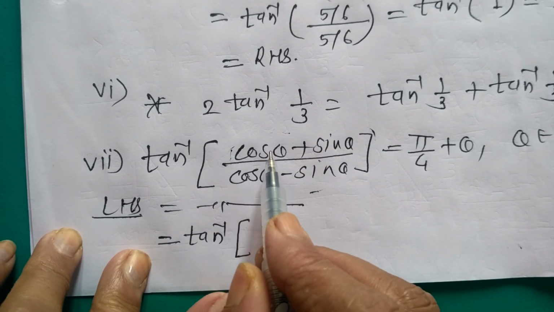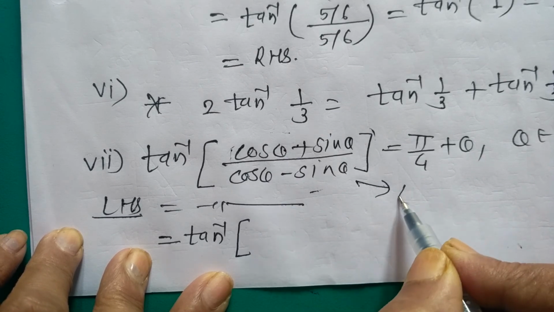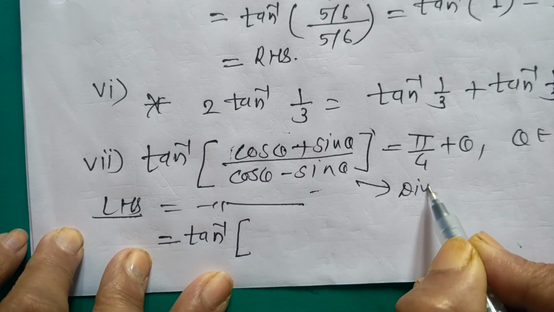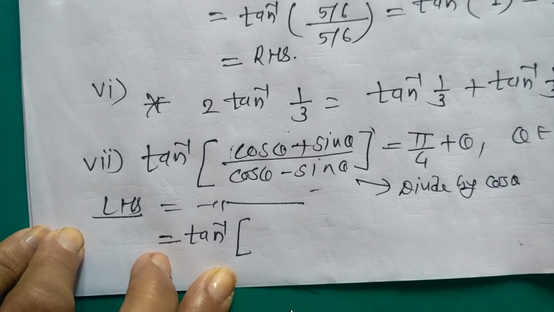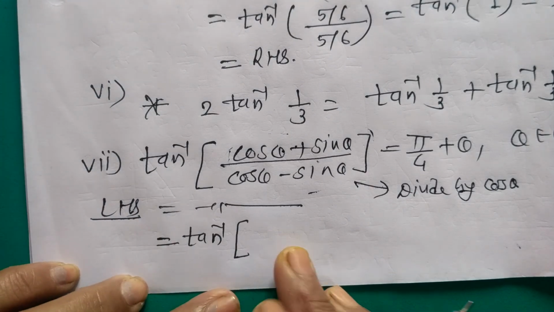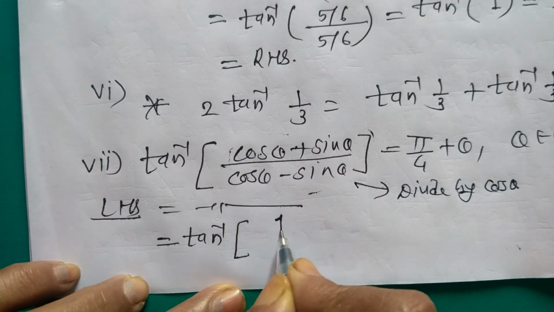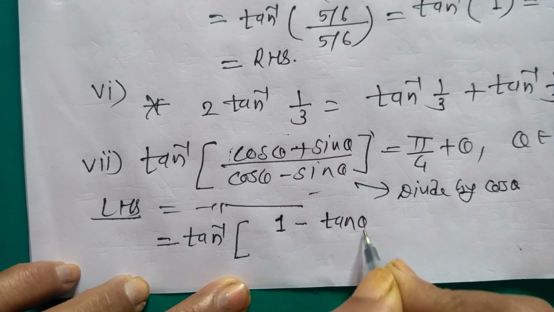So for this we divide the numerator and denominator by cos theta, meaning all these terms are divided by the trigonometric ratio cosine. So cos theta upon cos theta is 1, and sin theta upon cos theta gives the value tan theta.